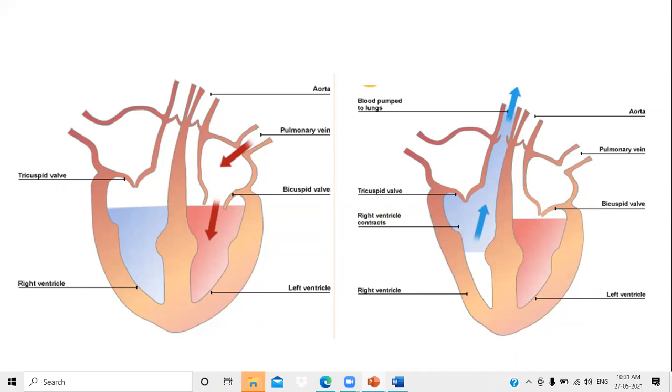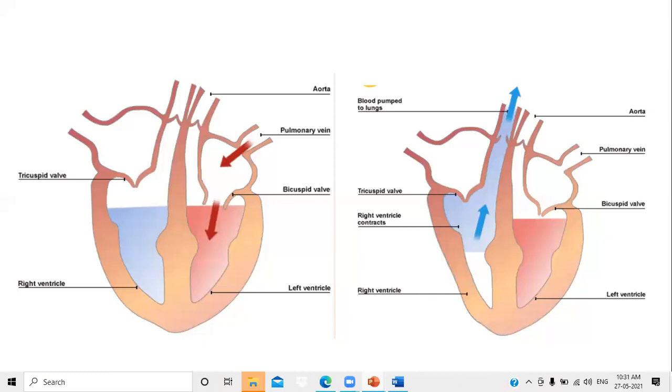To the lungs. And since this is deoxygenated blood, why does it want to go to the lungs? To get oxygen. Excellent. Very good.